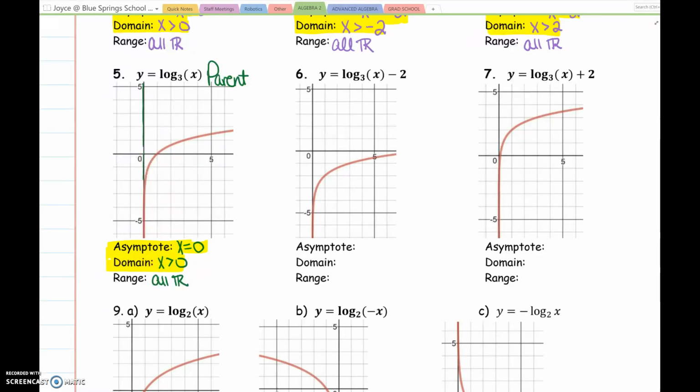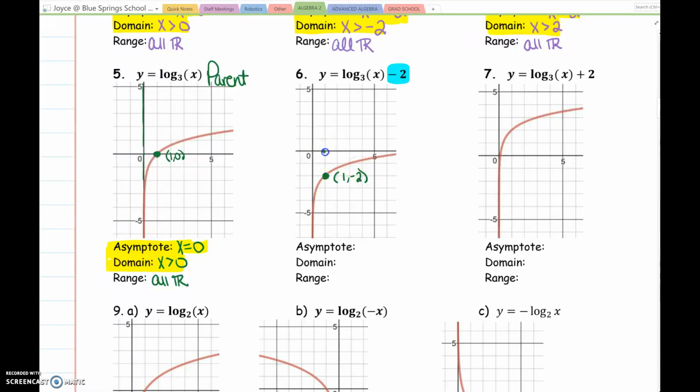Okay. We guessed that numbers outside of the parentheses would move the graph up and down. And take a look closely at this picture. I'm going to focus on this point right here, the point (1, 0). That point is now here at (1, -2).